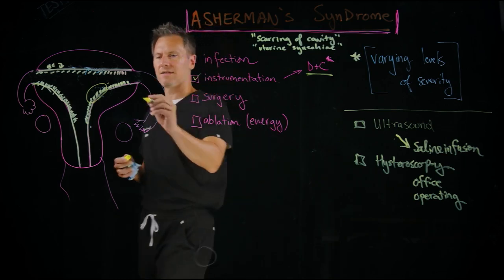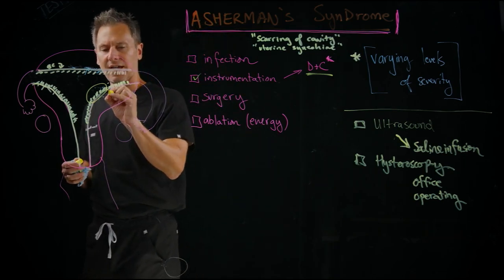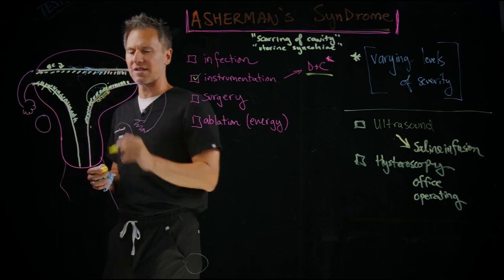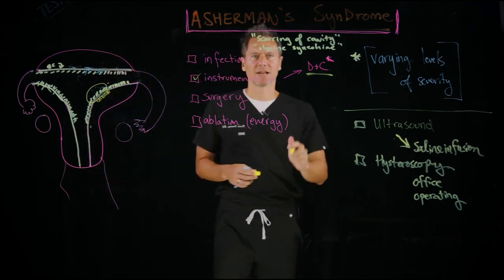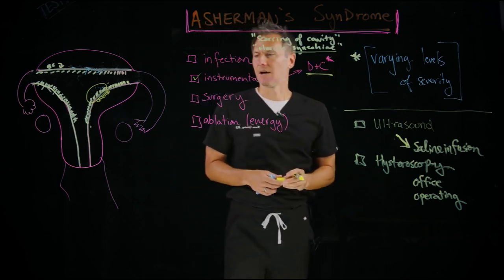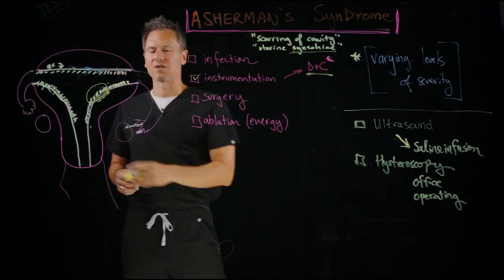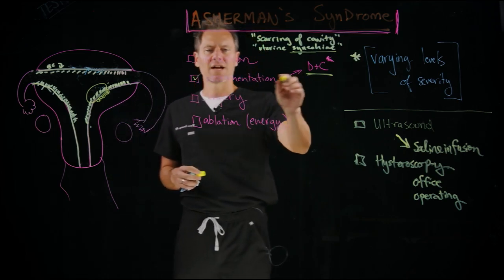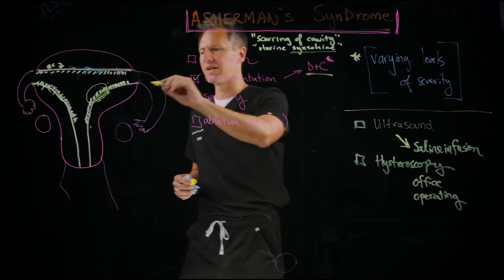This area is very vulnerable, and you can increase the risk of a breach into that basal layer and cause some uterine synechiae, and in some rare cases, Asherman's of a portion of the cavity. All again very correctable, but these are the kinds of things that can increase the risk of breach of that basal layer.